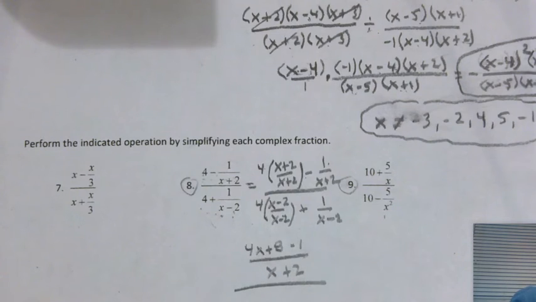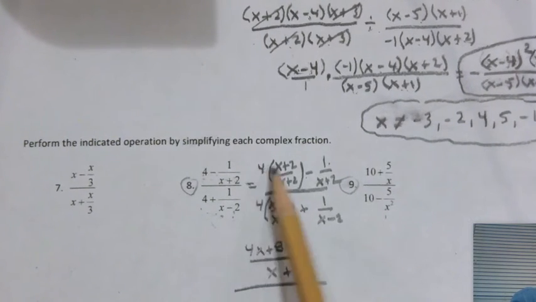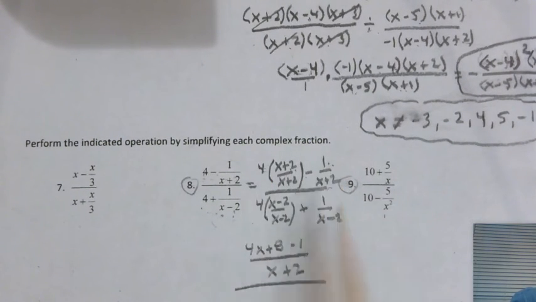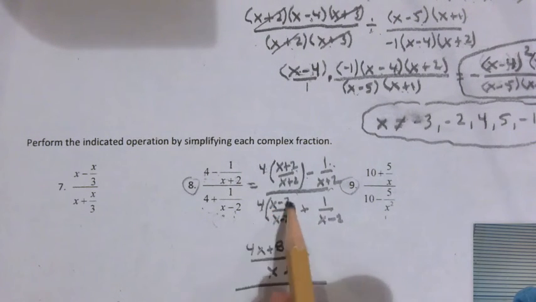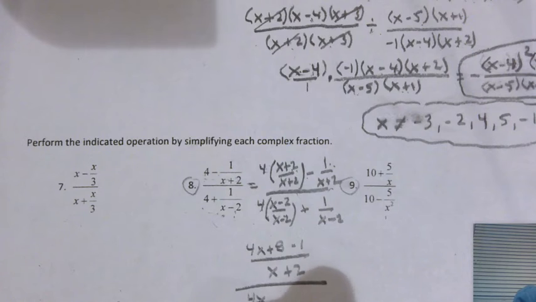So now that we have common denominators, we could just take the 4x plus 8 minus 1 all over x plus 2. Okay, on the bottom, we've got 4x minus 8 over x minus 2 plus 1 over x minus 2. So we got plus 1 all over x minus 2.